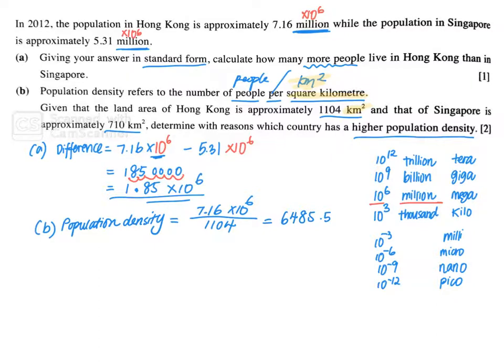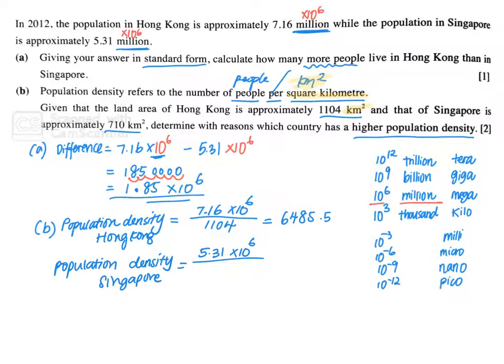Then let's take a look at Singapore. Population density for Singapore is the population, 5.31 times 10 to the power of 6 because of the million, divided by the land area that's given to me, 710.